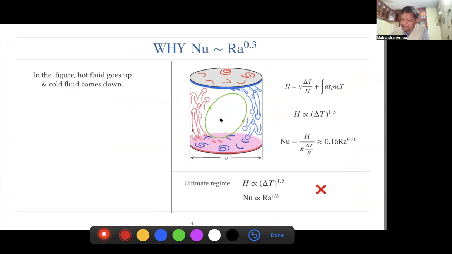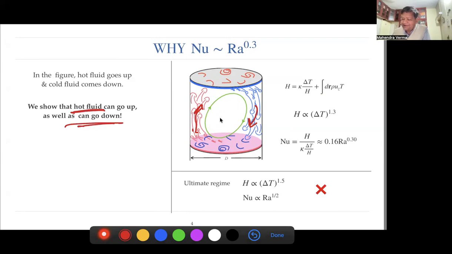The positive heat flux is hot plume going up and cold coming down. That's the natural mindset we have for convection. However, I will show in this presentation that hot fluid can also go down.